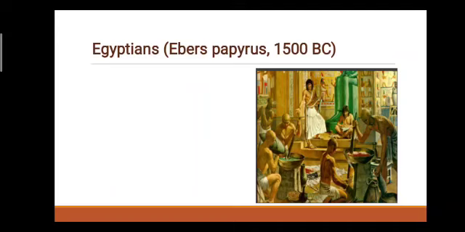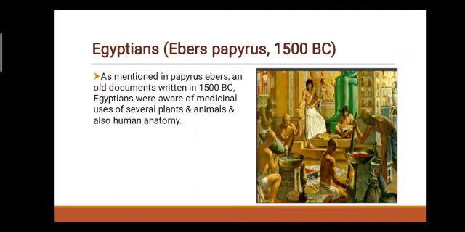In that history, first, Egyptians, Ebers Papyrus, 1500 BC. As mentioned in Papyrus Ebers and old documents written in 1500 BC, Egyptians were aware of medicinal uses of several plants and animals and also human anatomy.